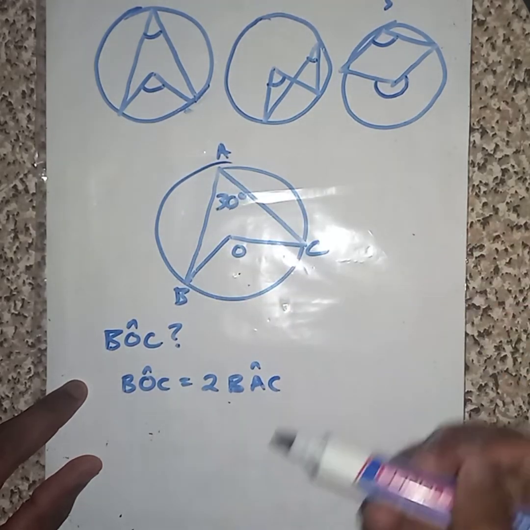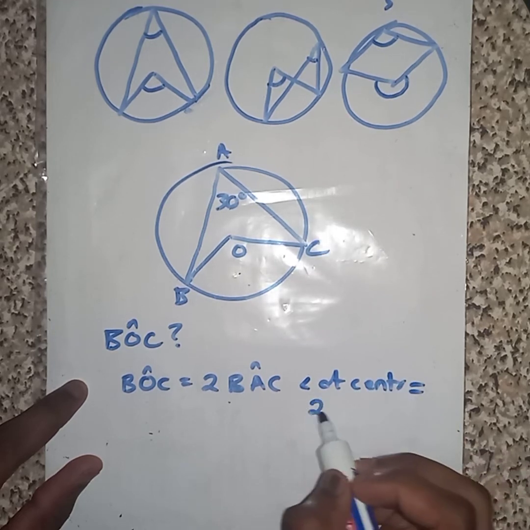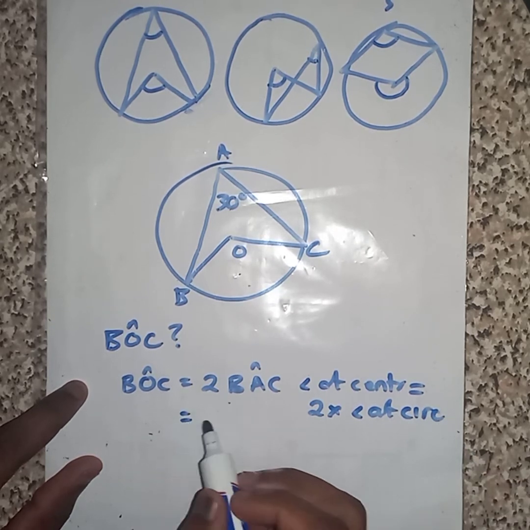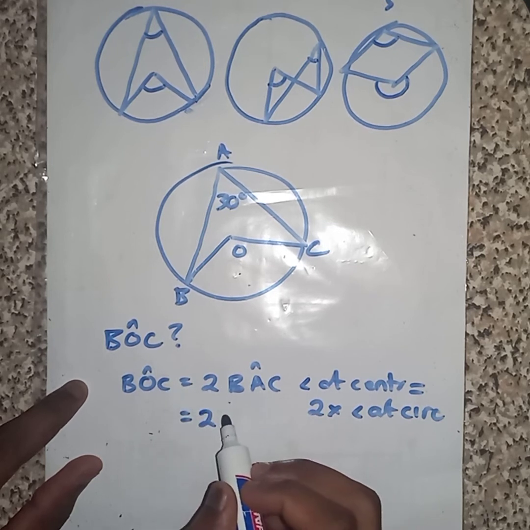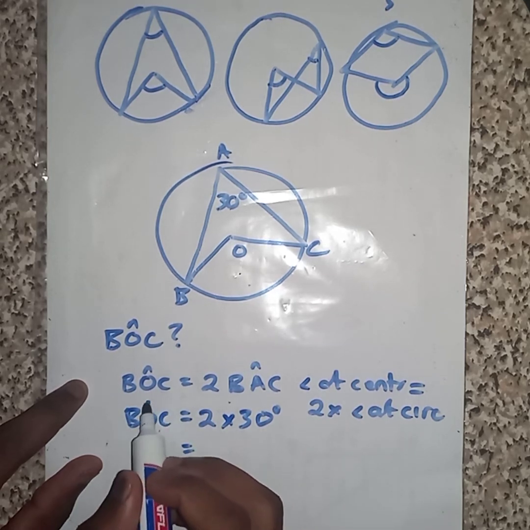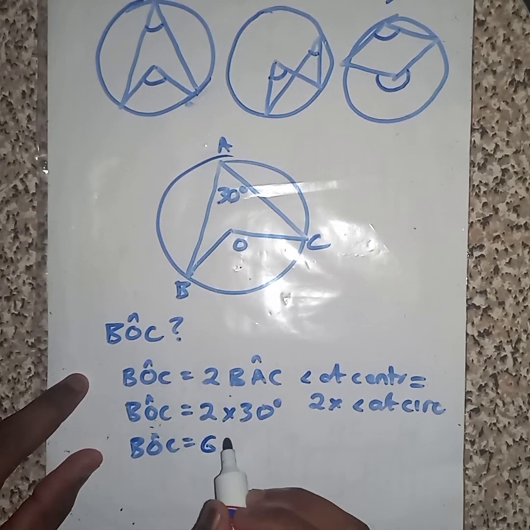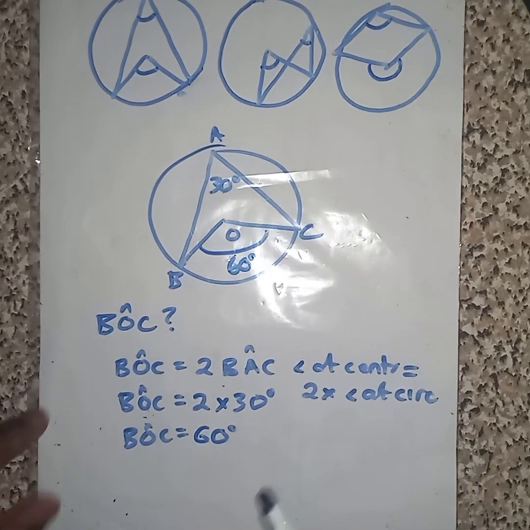Your reason is angle at center is 2 times angle at circumference. Then we know that our BAC is 30 degrees. Then we write BOC, take our calculator and multiply, get 60. Then this angle is going to be 60 degrees. You see, it wasn't that difficult. I thank you.